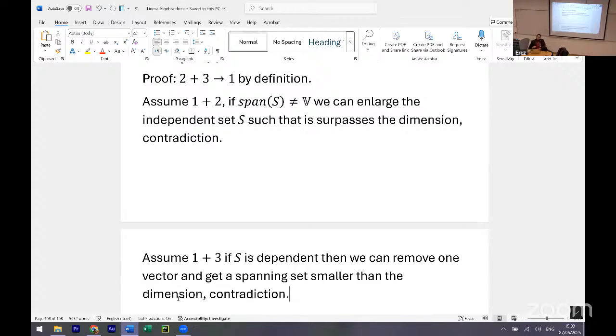And what we said before, a spanning set must be larger or equal to the dimension, an independent set must be smaller or equal to the dimension.